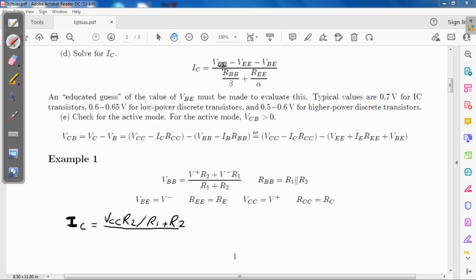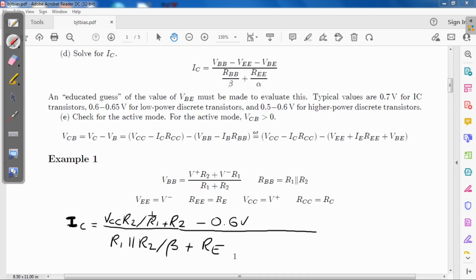Okay, so that's the VBB. Then you have minus VEE, which is V minus, that's going to be 0, minus VBE, which is 0.6 or 0.7 volt. Then RBB over beta, where RBB is R1 in parallel with R2, divided by beta, plus REE, which is just RE.